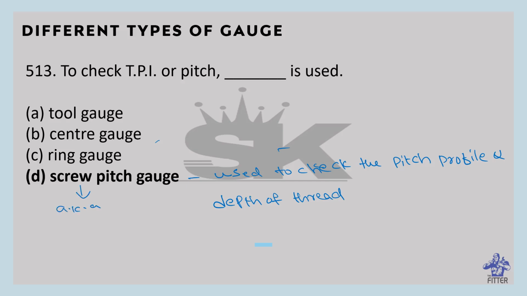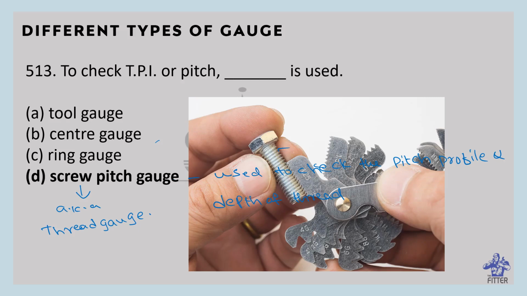It is used to measure threads per inch and also the thread angle of a screw. You can see here, this is the screw pitch gauge.